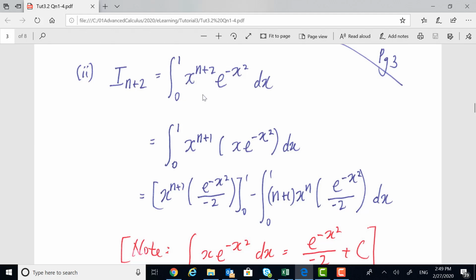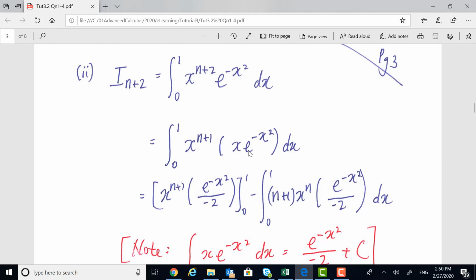For this question, you need a simple trick. You break this x to the power of n plus 2 into x to the power n plus 1 and the x. Why do you think I want to do this? The reason for breaking up into this manner is because then I can integrate this one directly. Remember, we have seen this expression earlier on.